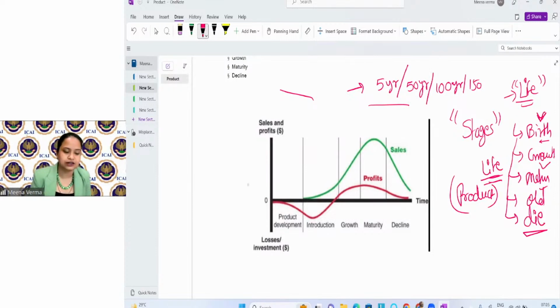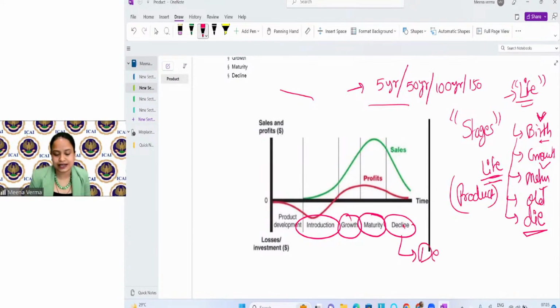You can see here we have considered the introduction stage, the growth stage, the maturity stage, and the decline stage. The decline stage is also known as the death stage, and the introduction stage is also known as the birth stage. The product takes birth, passes through growth, then maturity, and then the death stage.